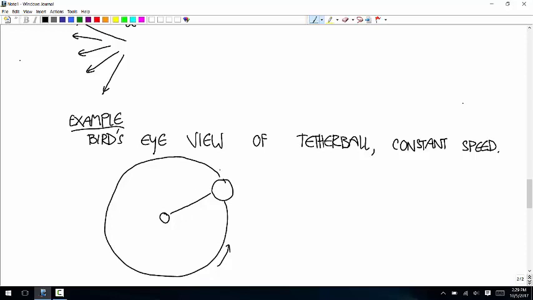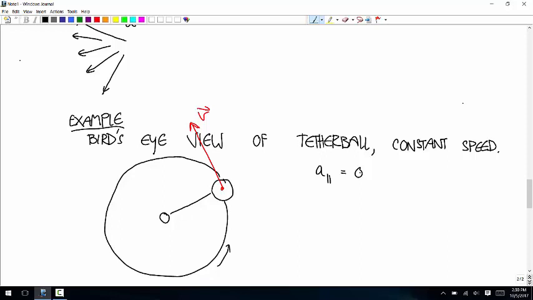Okay, so this big circle I drew around the outside is the path that the ball's following, so that's already there. The direction of the velocity is tangent to this circle, so something like that. Moving with a constant speed, so it's not speeding up or slowing down. So there's no parallel part of the acceleration. So A parallel is equal to 0. What direction is it turning?